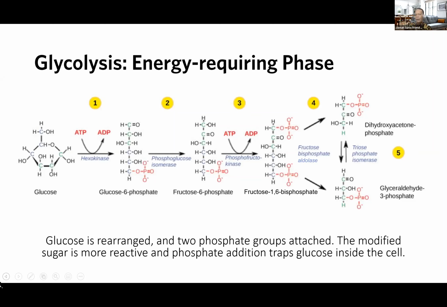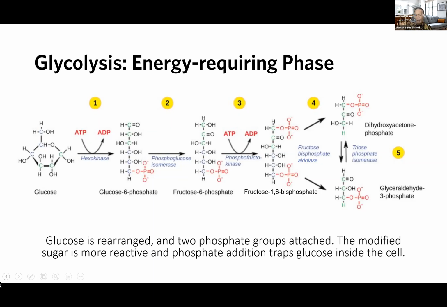In this energy requiring phase, glucose will be attached to a phosphate group in step 1 and in step 3. You can see that in the conversion of glucose into glucose 6-phosphate, it needs 1 ATP.